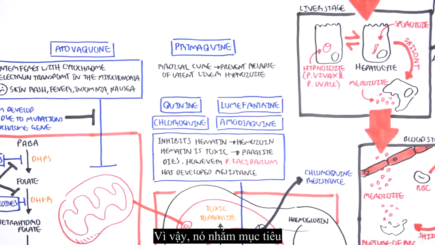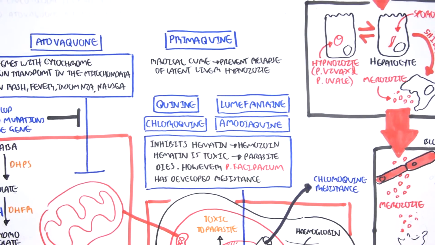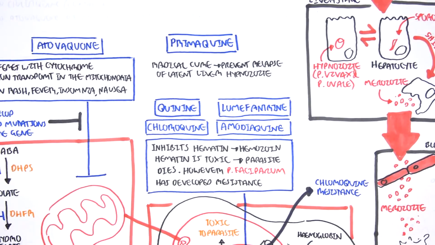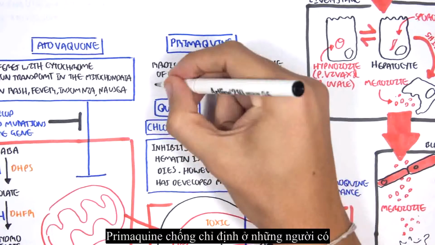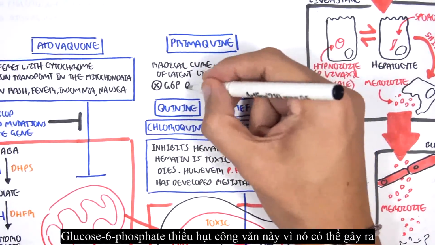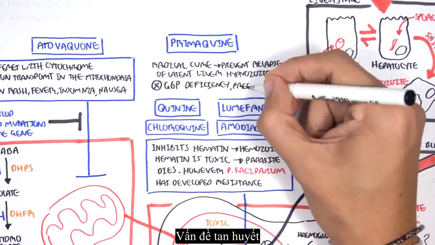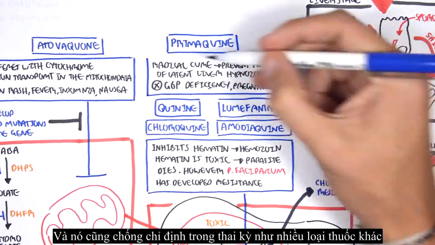So it targets Plasmodium ovale and vivax, because these are the Plasmodium strains that can become dormant. Now, primaquine is contraindicated in people who have glucose-6-phosphate deficiency because it can cause hemolytic problems. It is also contraindicated in pregnancy, like many other drugs are.